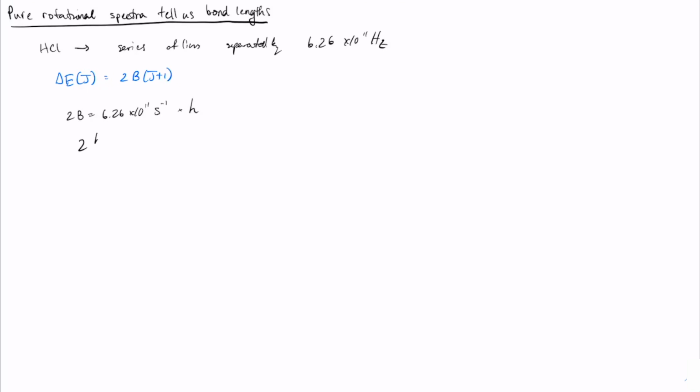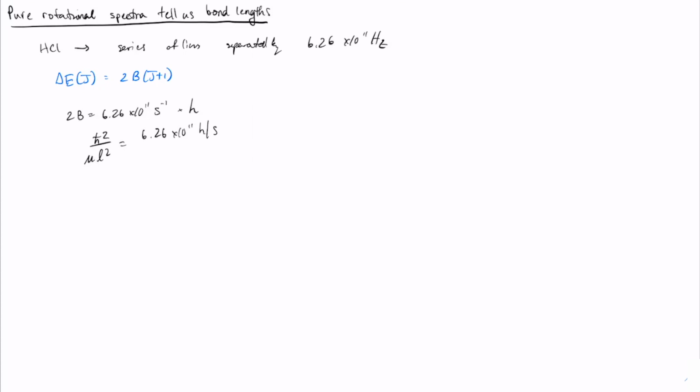So this is 2 times h bar squared over 2I, and this is equal to 6.26 times 10 to the 11 hertz times h, Planck's constant, divided by s. We can simplify this further. For one, take out these constants, and also use the fact that the moment of inertia is equal to mu times L squared, where mu is the reduced mass and L is the distance between the atoms.